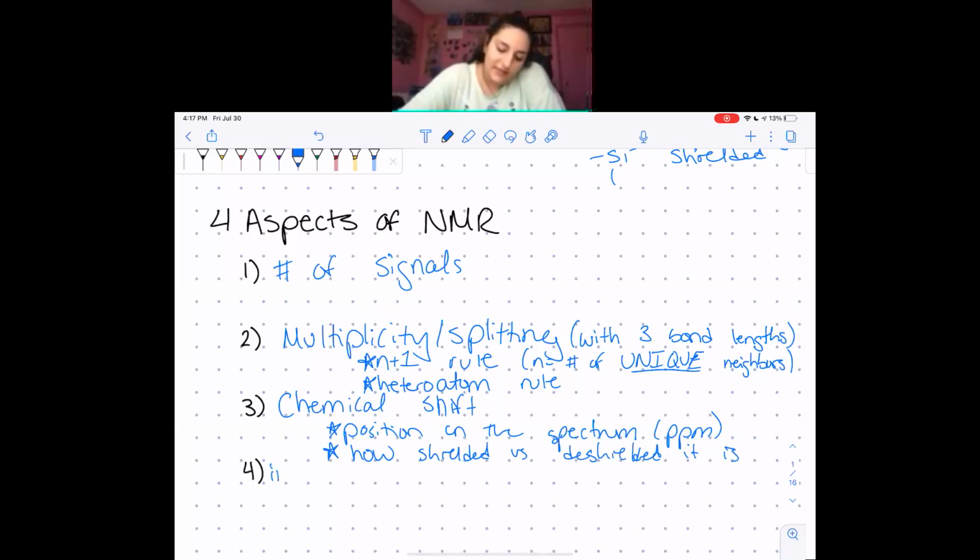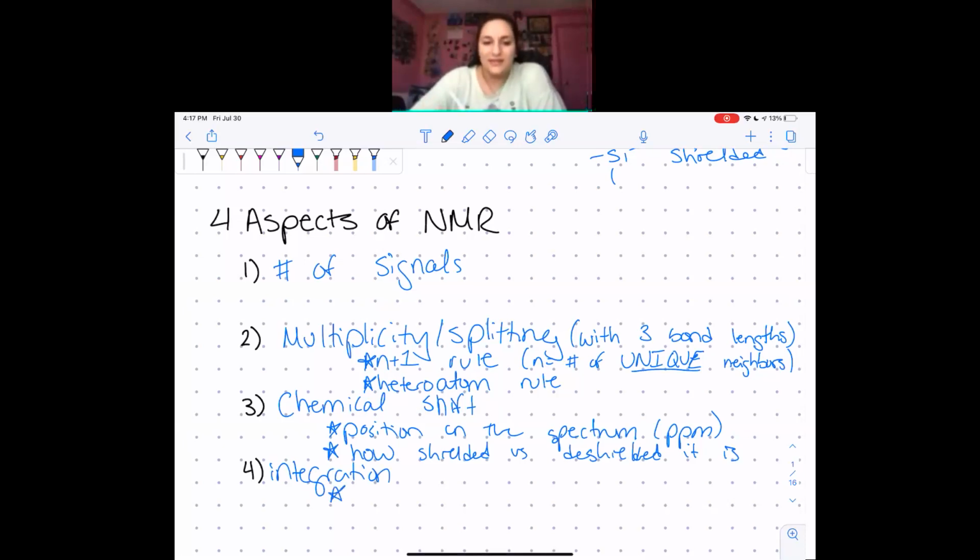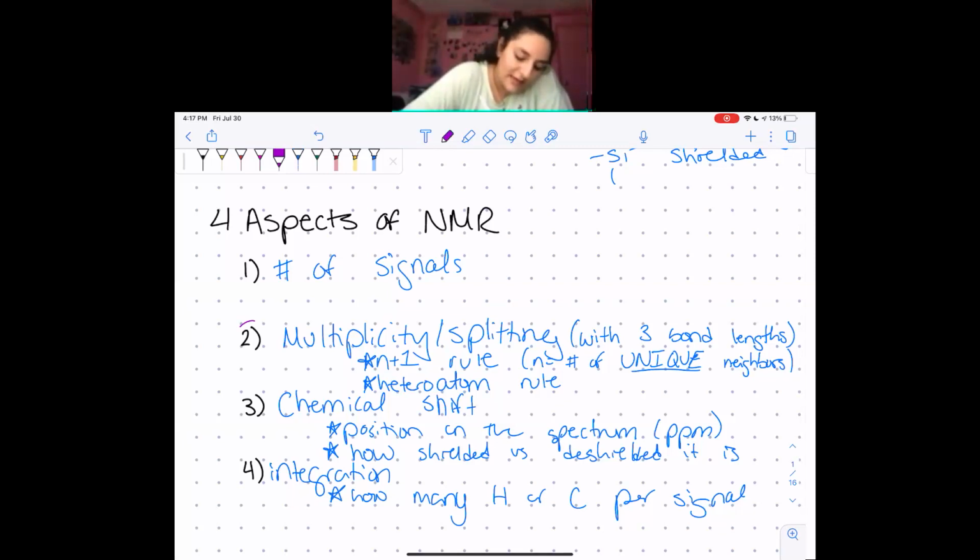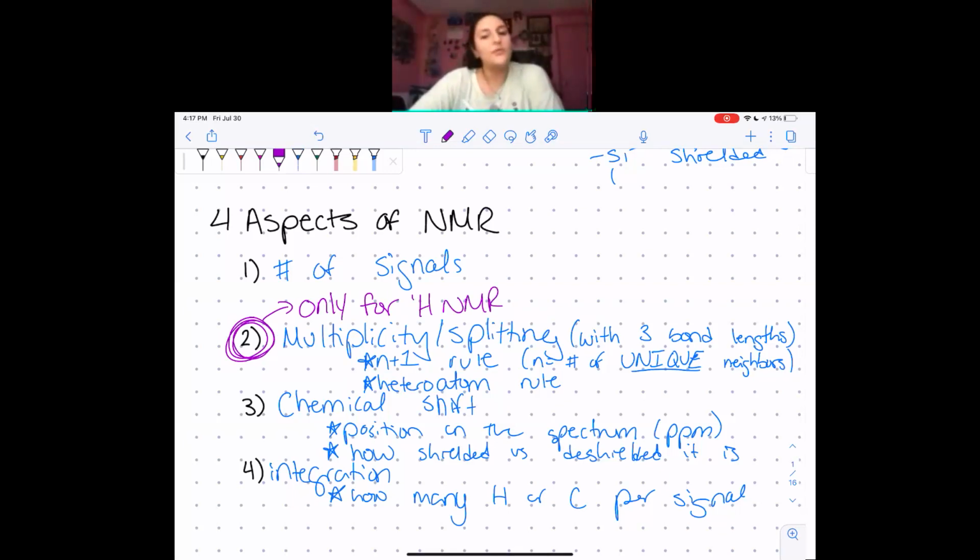Last but not least, we have integration. And all that tells us is how many H's or carbons there are per signal. Excuse me, I have the hiccups. One thing to note, multiplicity and splitting is not a thing for carbon NMR, only for hydrogen NMR.